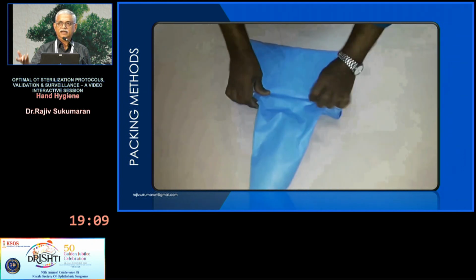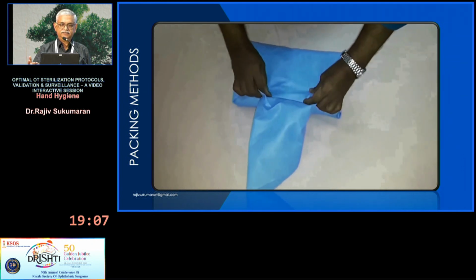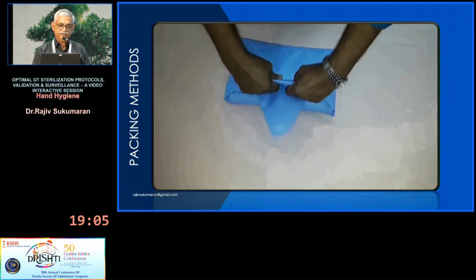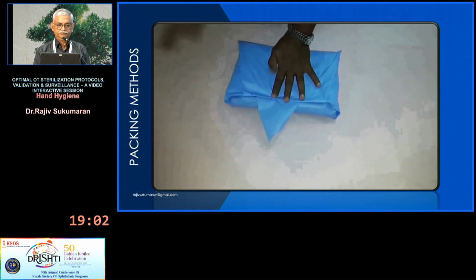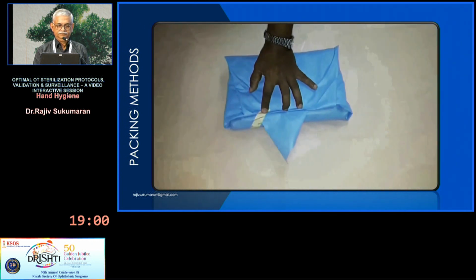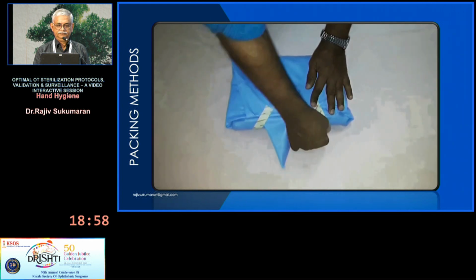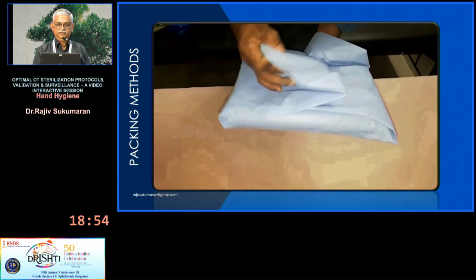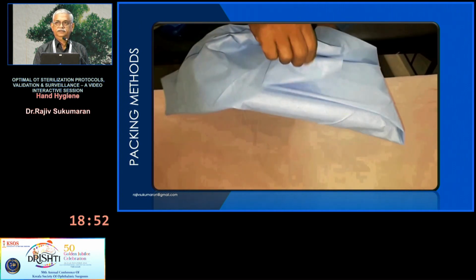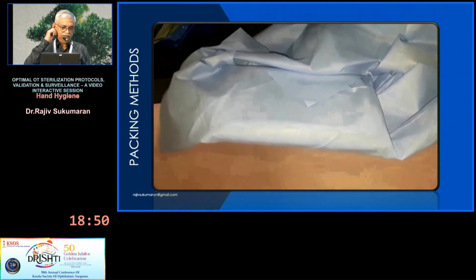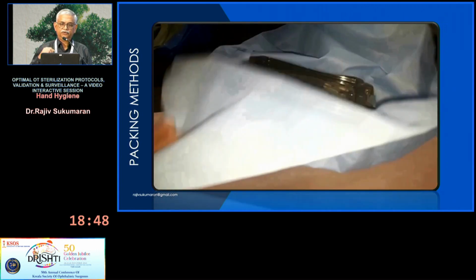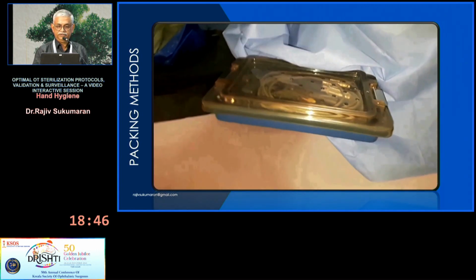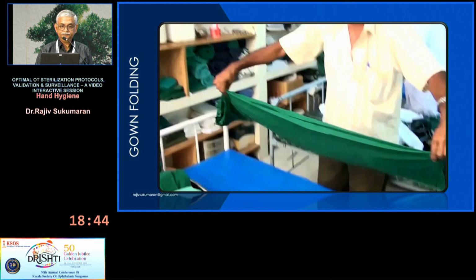You hold it and hand over a set to the surgical staff using this method. So you open up like that, hold the flap without touching the inner instruments you are going to hand over, and then you hand over to this. This is called the envelope method.